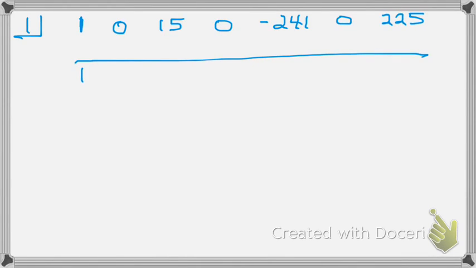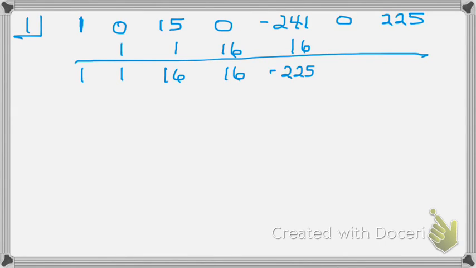Pull the 1 down, I multiply times 1, I get 1. 0 plus 1 is 1. 1 times 1 is 1. 15 plus 1 is 16 times 1 is 16. 0 plus 16 is 16. 16 times 1. Now I got to do negative 241 plus 16. What is that? I believe it's negative 225.